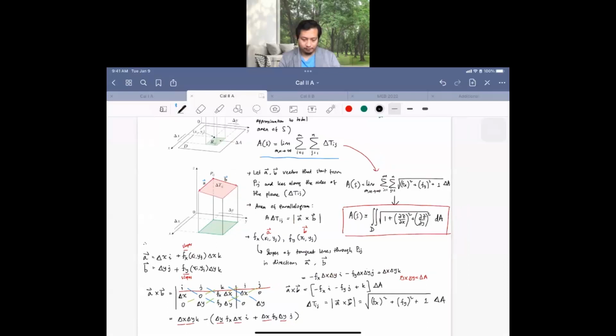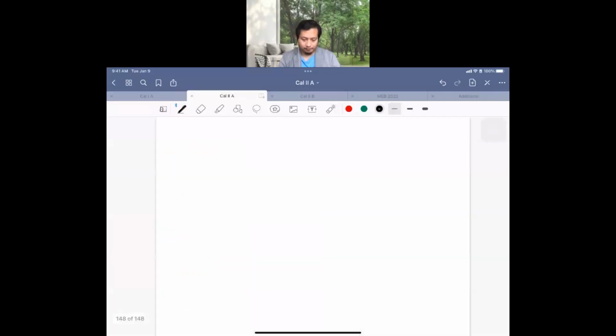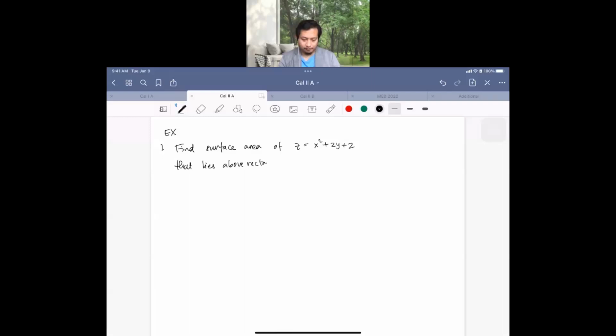Okay, let me give you an example on how we are going to use the area. Example: find the surface area of the surface S that lies above a rectangular region in the xy plane.